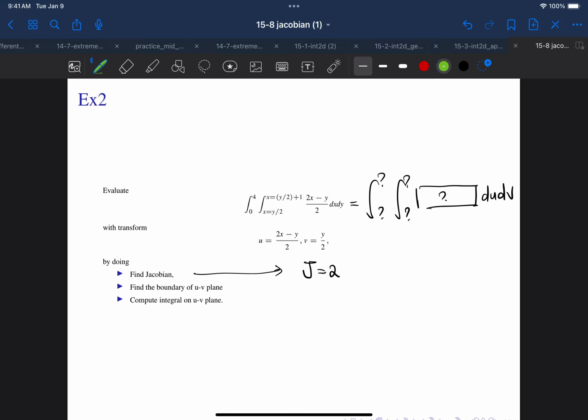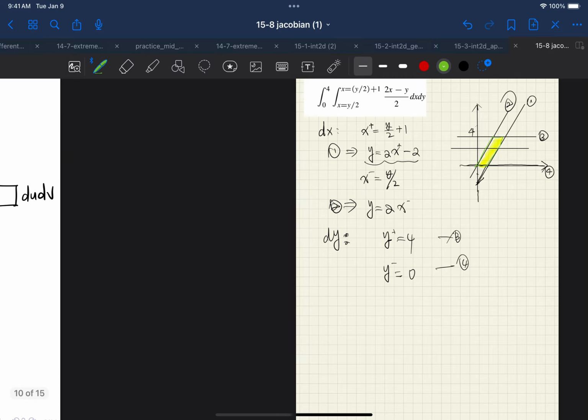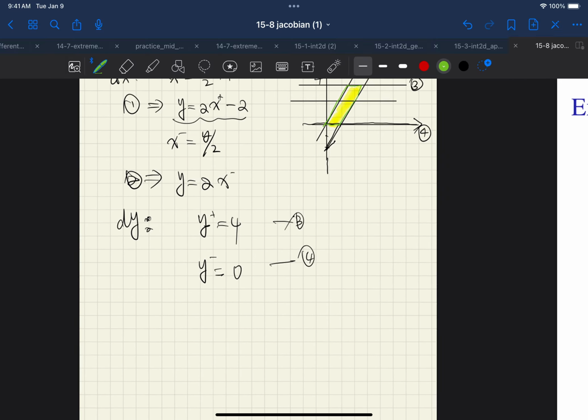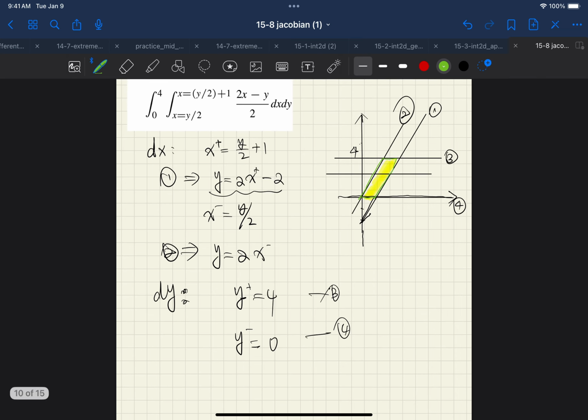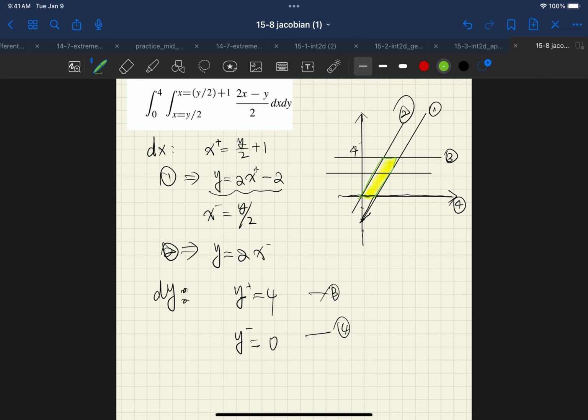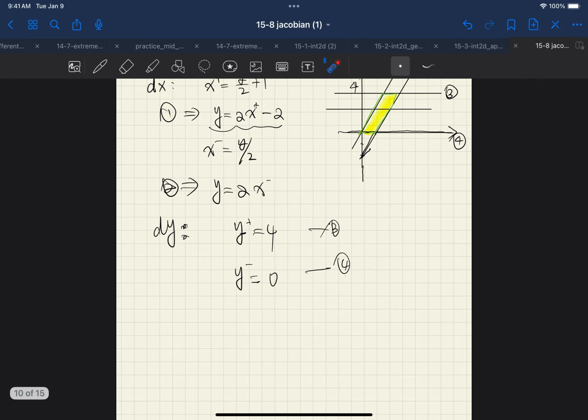my second question is, after transformation, this parallelogram becomes a new shape in the UV plane. What shape do you expect? Now we're going to do the substitution again for equations 1, 2, 3, 4, which describe those boundaries.